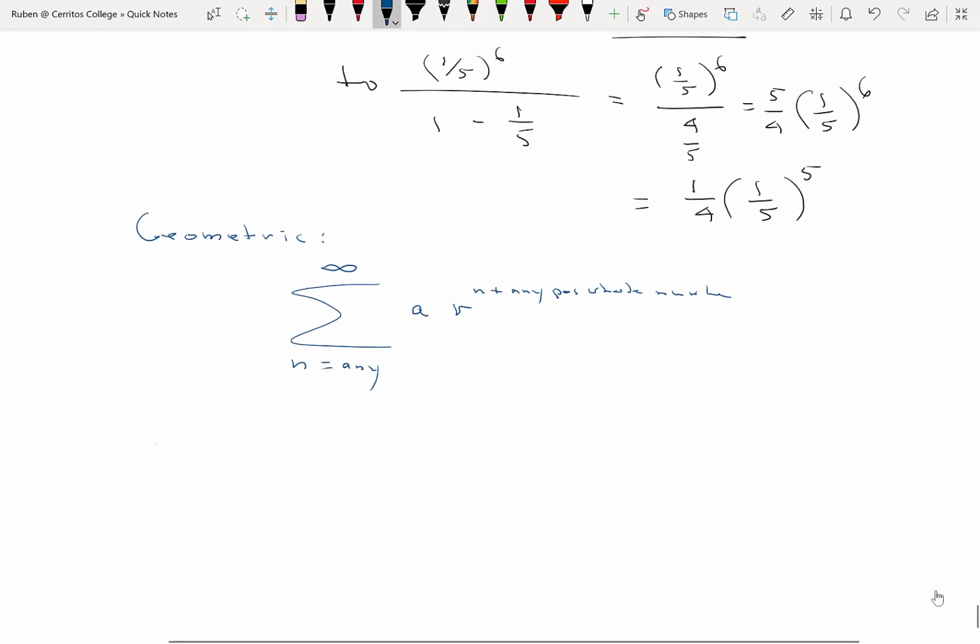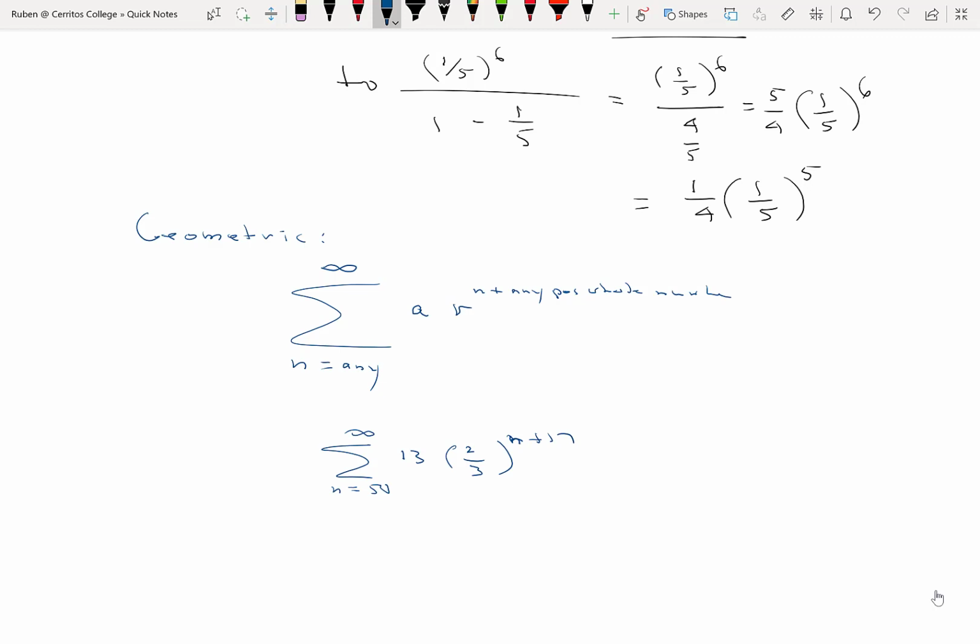So, n equals 50 to infinity of 13 times 2/3 to the n plus 17. That is a geometric series.